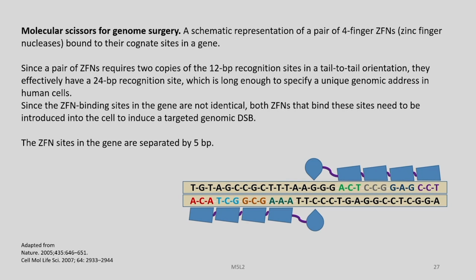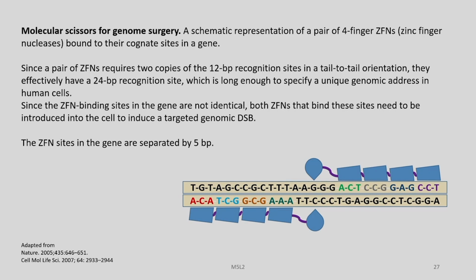A schematic representation of a pair of 4-finger ZFNs bound to cognate sites can be seen in this figure. There are 4 members over here, fingers, and these are the nuclease domains.